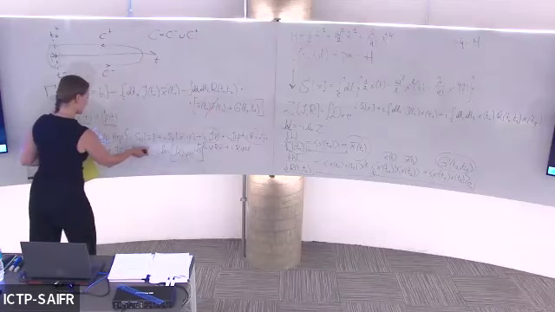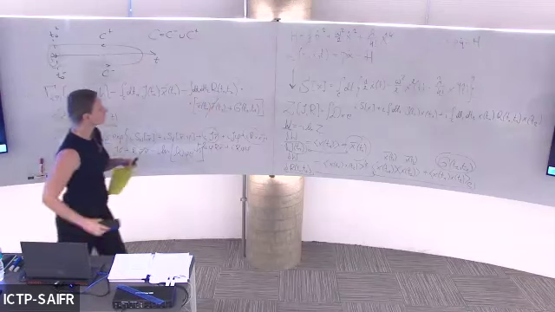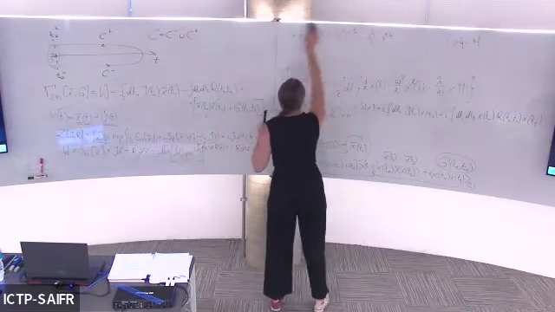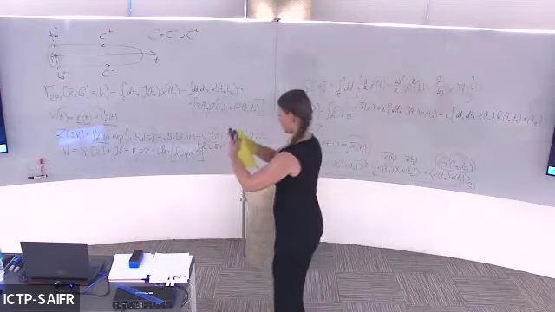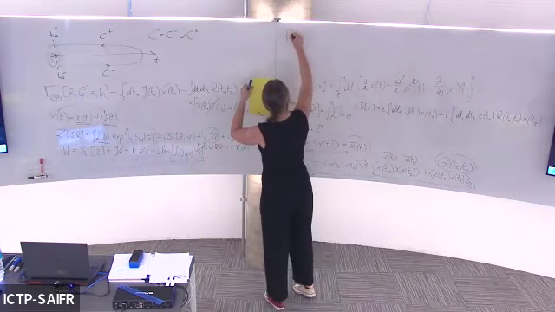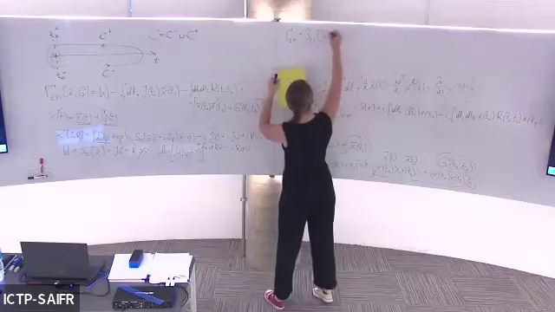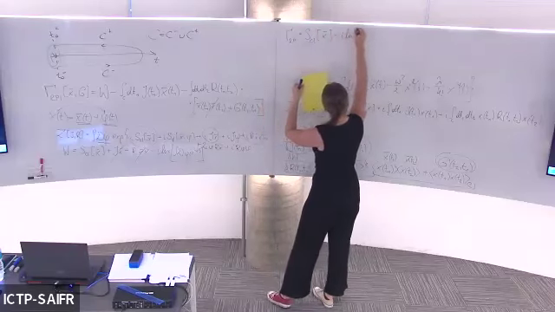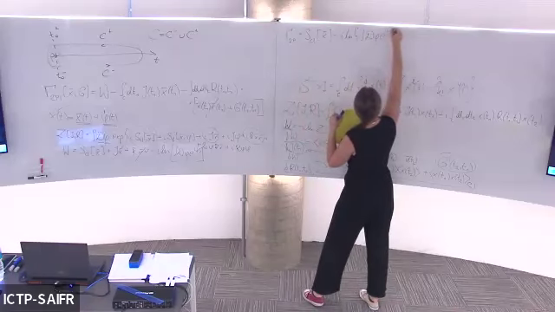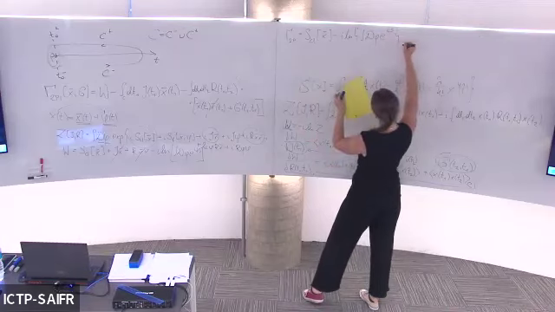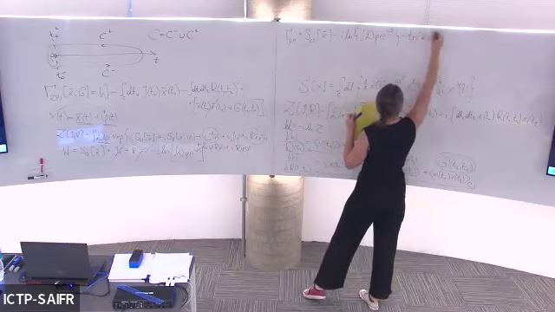This guy cancels with this one. And what I'm left with, is that my gamma 2PI is the classical action minus i logarithm of this leftover bit of action, minus trace RG.